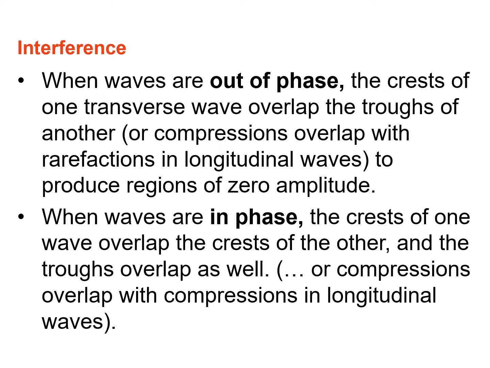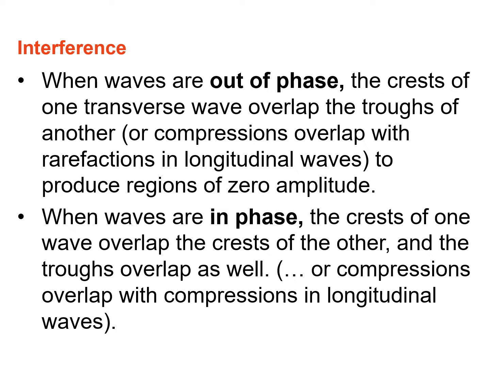So I used these terms earlier, but they're good terms to know. If we use the terms out of phase, that means the waves are arriving at the same place and time, but the one will have a crest while the other is having a trough at that particular place you're looking at.